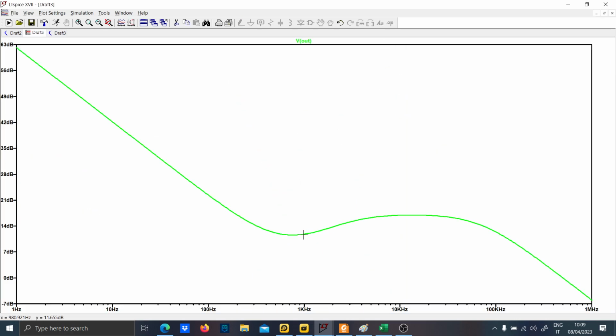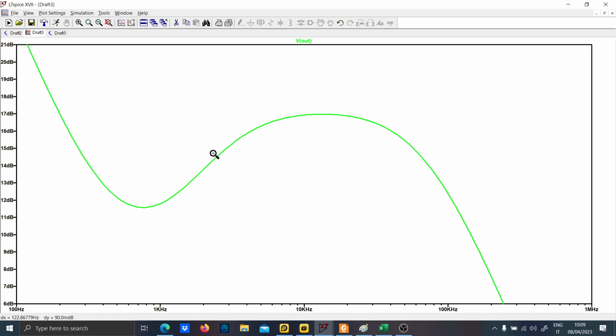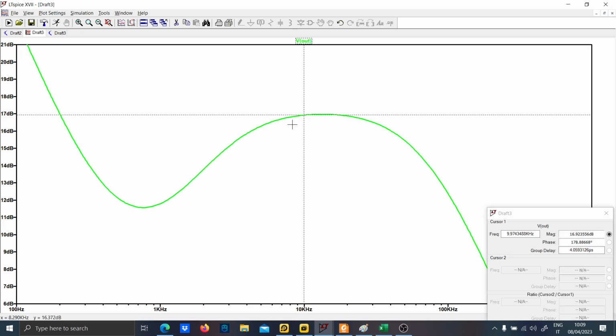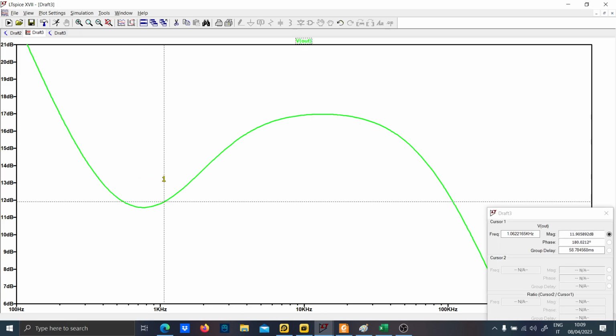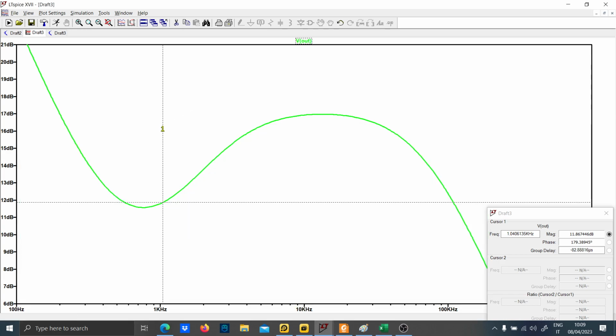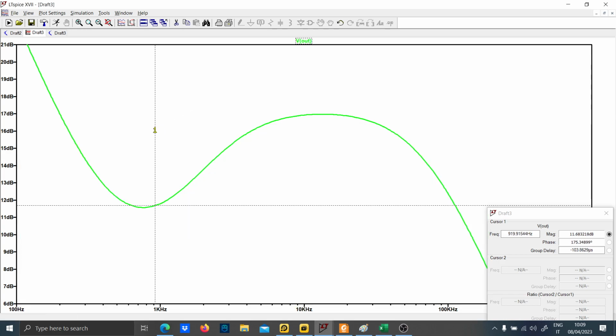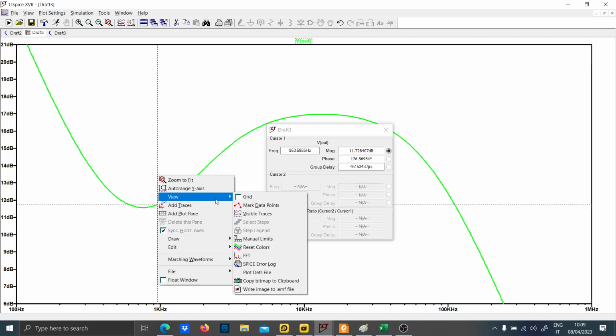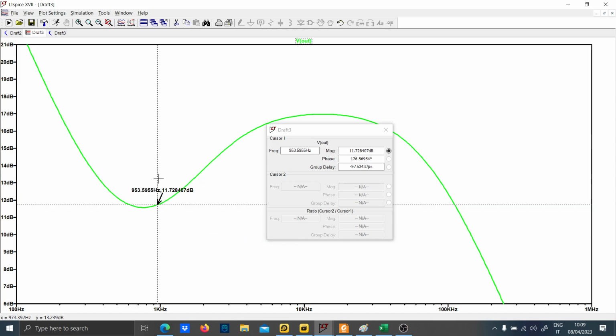As you can see, there is the gain, so you can recognize the two gains here. The first gain, the two zeros: as you can see, I put the F0, FZ2 at 90 and 951. Let's see if it is true. Yes, as you can see here, there is the zero. Let me draw the cursor position, and the other zero at the other half.